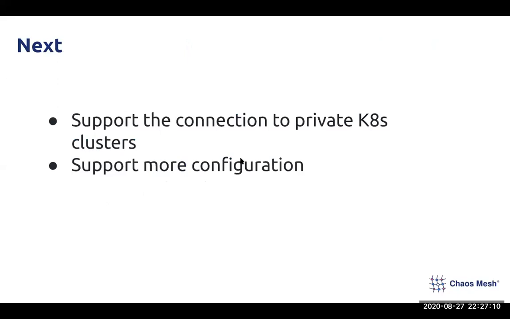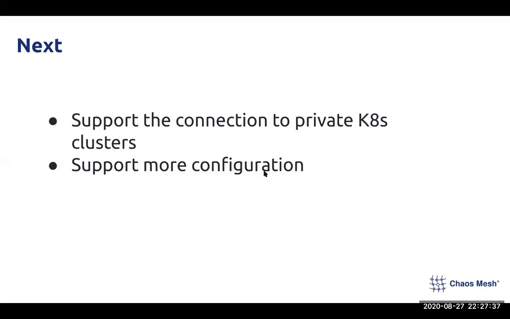And what is next? You can see in the example, we use kind to create a simple Kubernetes cluster, but the performance of the kind cluster is very poor. Maybe some users want to use their private Kubernetes clusters, so we will support it later.